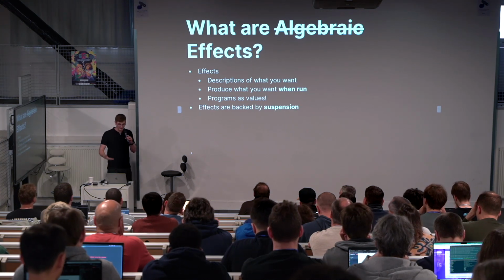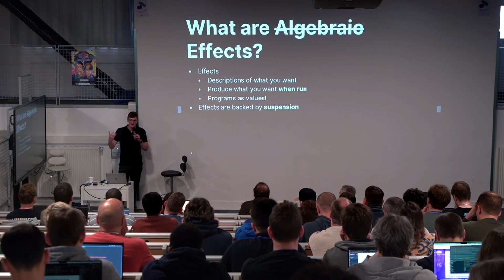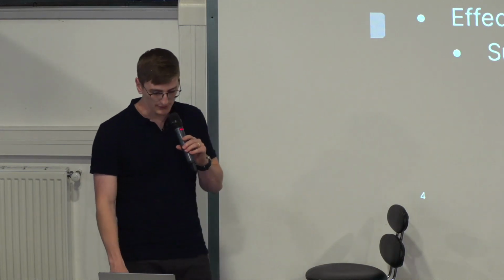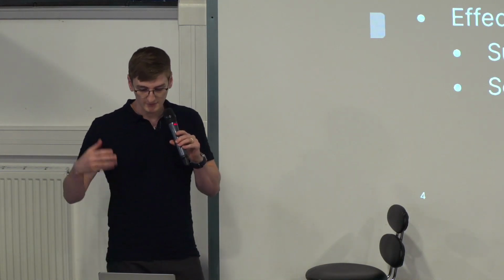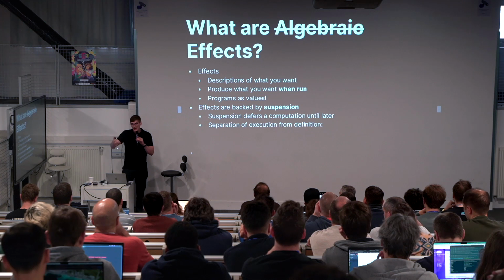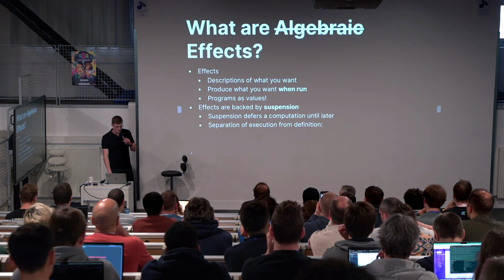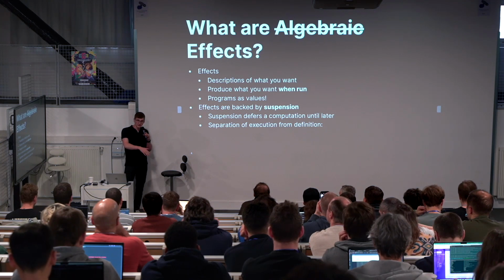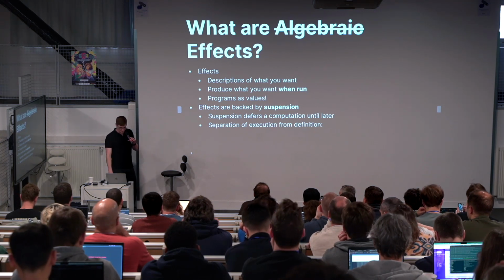The important part for effects, or how they're implemented, is that they're backed by suspension. So deferring the computation until later is very important to enable powerful combinators like retry, delay, all these things that we've all used. And this is because there's a separation of the execution from the definition.